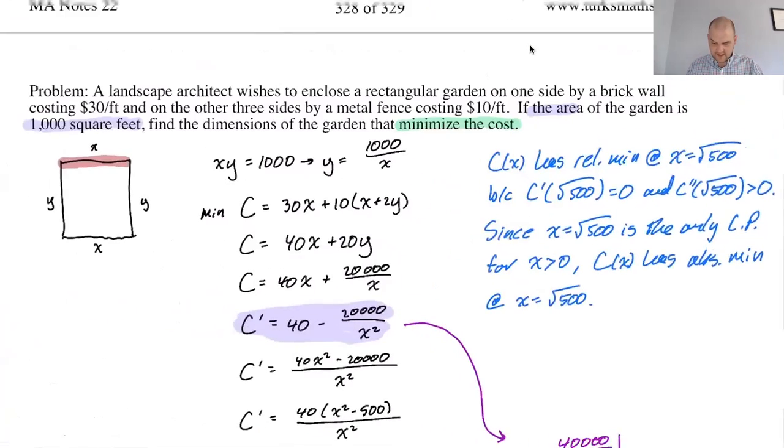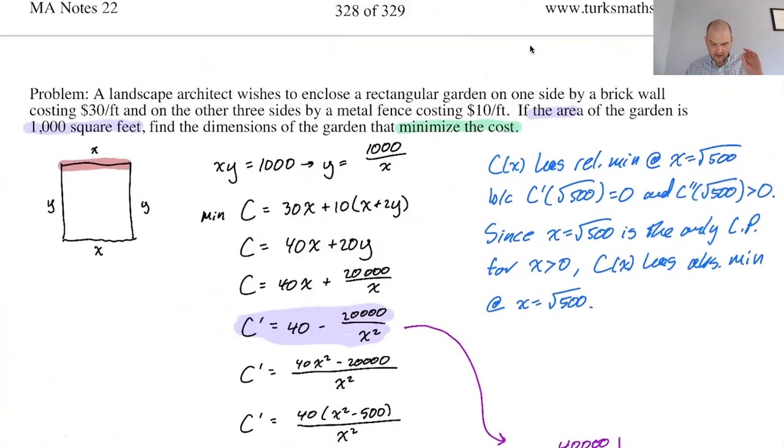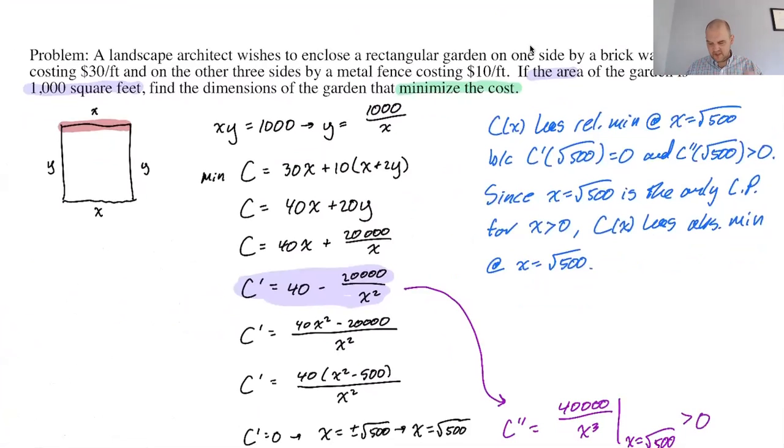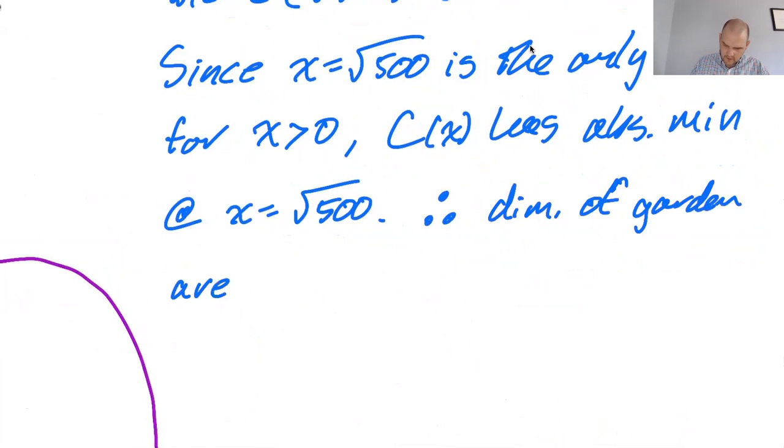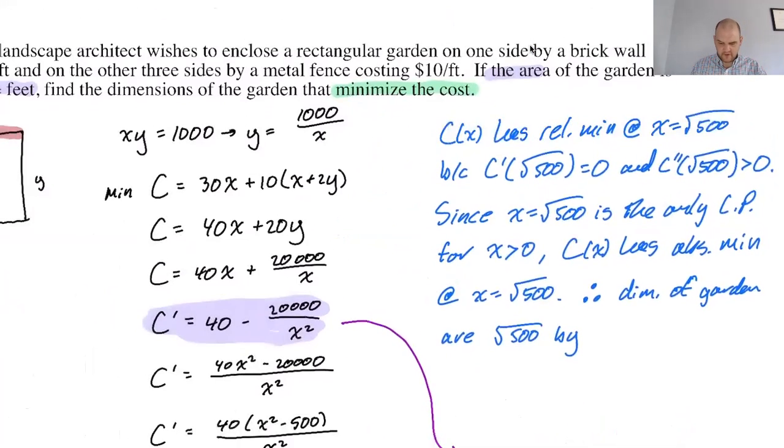Okay, so now let's actually answer the question. We want to find the dimensions of the garden that minimize the cost. So therefore, the dimensions of the garden are radical 500 by 1,000 divided by radical 500.